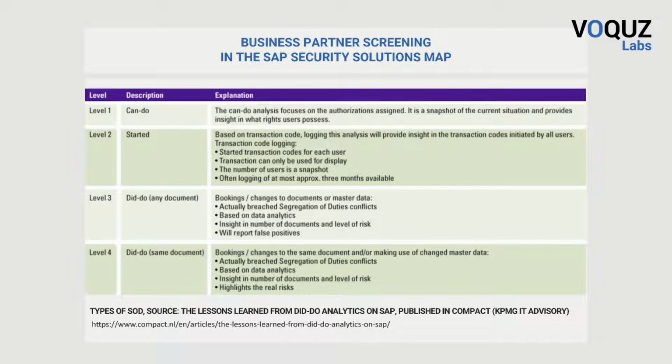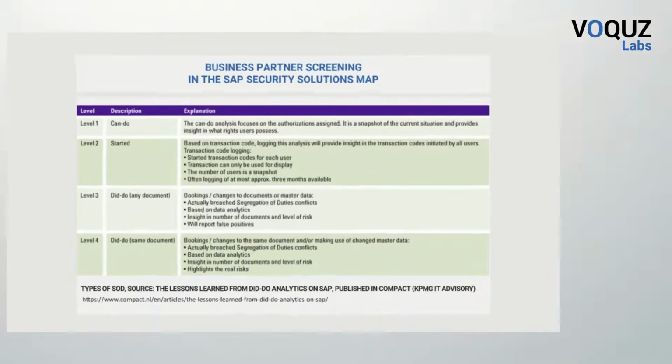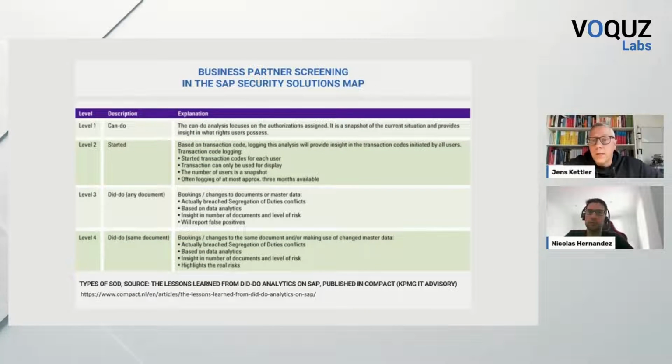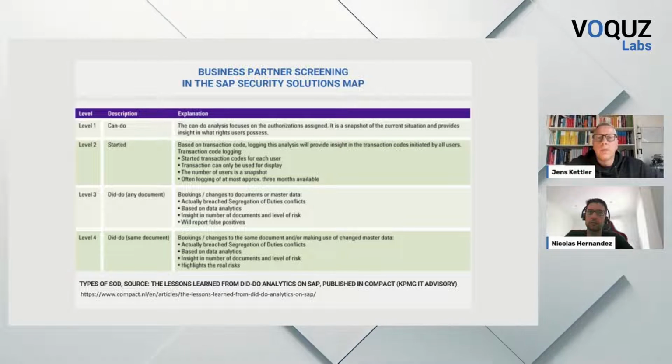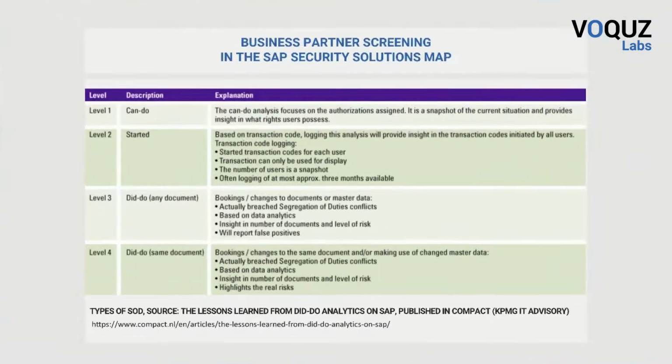So somebody can or did actually enter a transaction code that allows him to create a user, and he also entered a transaction code that allows him to enter an invoice. And maybe level 3, then also he created a user. He created a vendor and he created an invoice. But is it an invoice for the same vendor? That you find out if you do the analysis on the document level, level 4 monitoring.